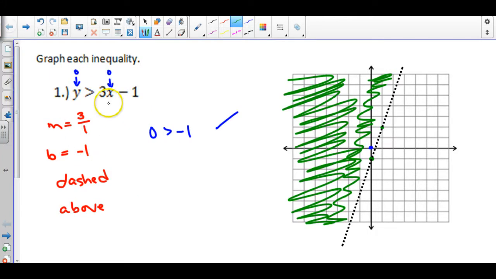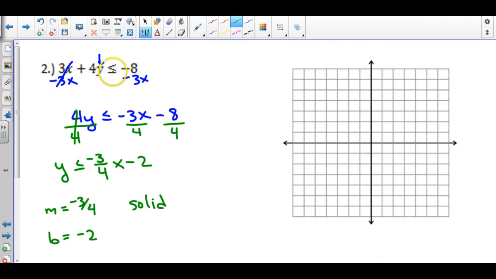If I go back a slide, with the greater than, any point on that line would not be a solution, because if you pick a point, you would end up with something like 3 is greater than 3, which is not true. 3 is greater than or equal to 3, but we would need the "or equal to" part.